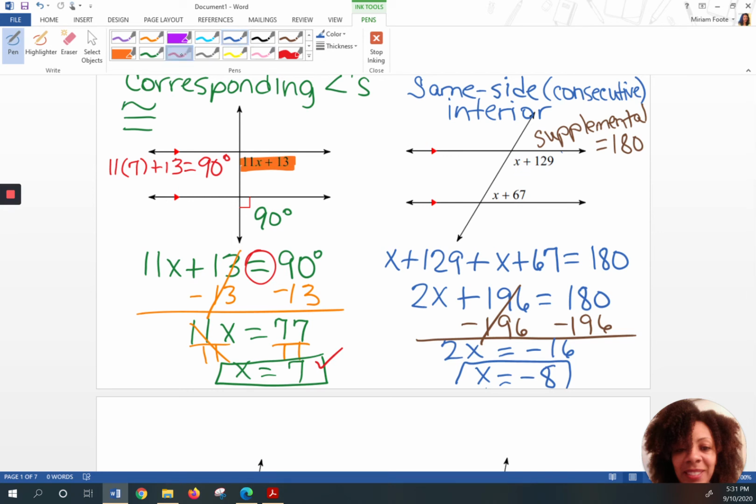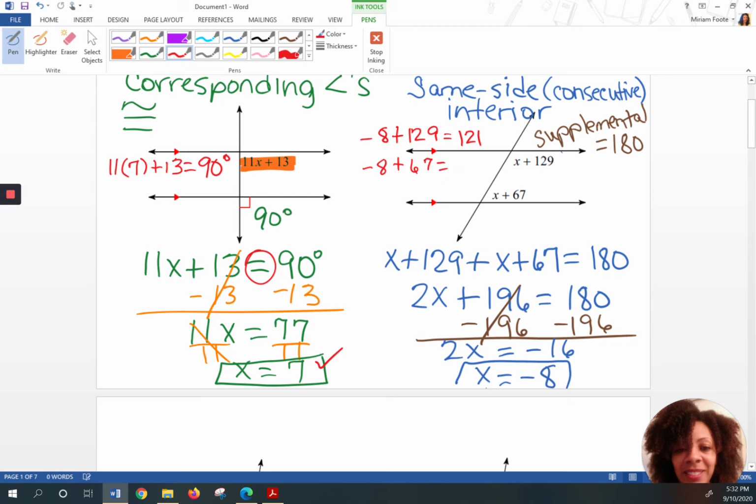Let's just go ahead and check our work. If I put a negative 8 plus 129, and I'm doing plus 129 because that's what they told me, I'm going to end up with a positive 121. And now I take that same negative 8 and I add it to 67.